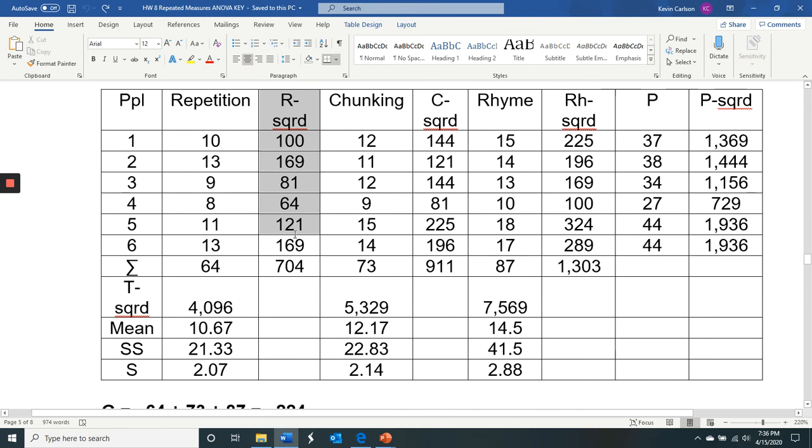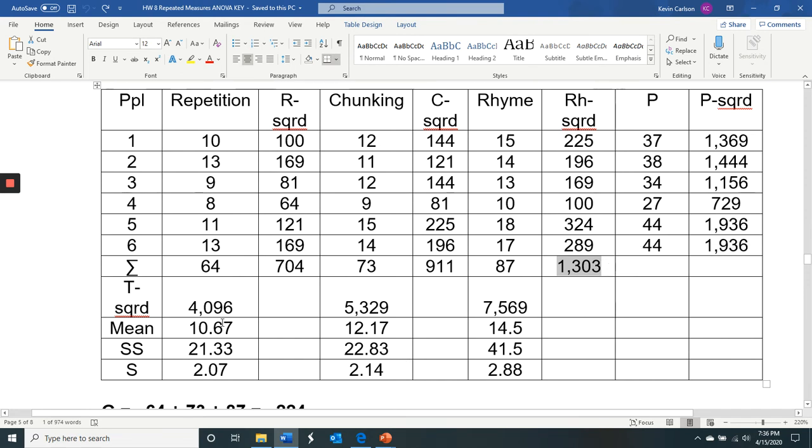So we can simply add these scores together, and then we'll get the sum of x squared for repetition here. We'll take these scores and add them together and we'll get the sum of x squared for chunking. And then we'll take these scores, add them together and get the sum of x squared for rhyme.